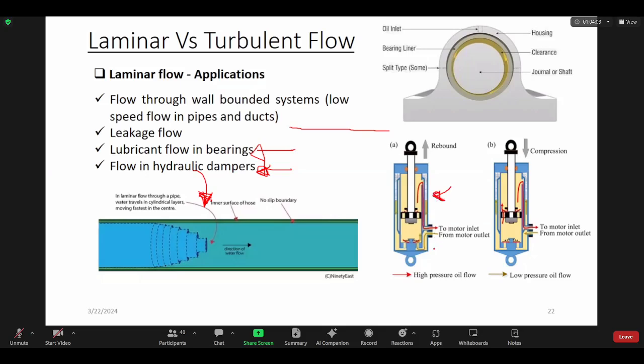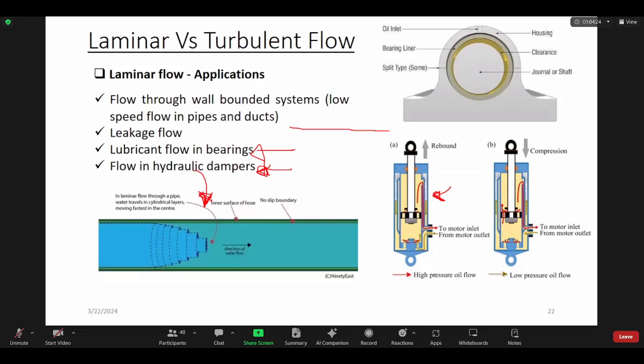In this type of damper cylinders, we can identify laminar flow. In this area, you can identify laminar flows.